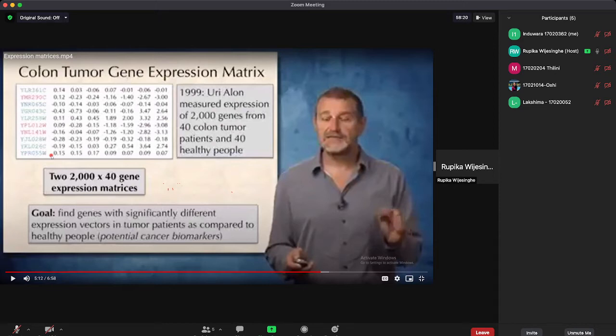So we can't work with that many data points, right? Because sometimes the signal is covered by the noise, right? So we have to improve the signal to noise ratio as well. So we need to identify some significantly different genes.